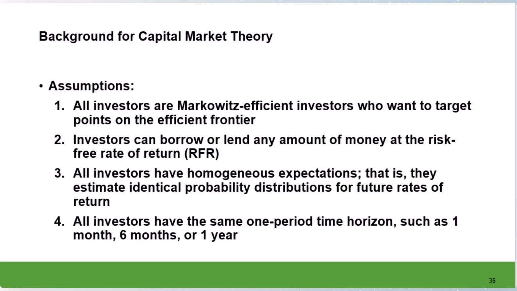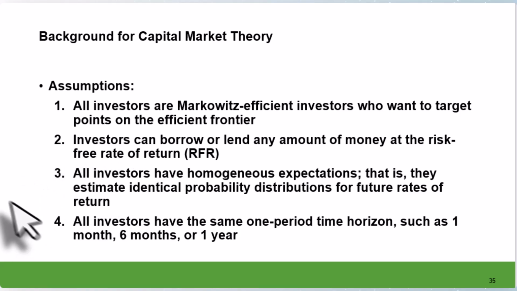It assumes that investors can borrow or lend any amount of money they want at the risk-free rate of return. Investors can lend at the risk-free rate of return because you can buy T-bills. You can buy as much as you want. The challenge, though, is individuals and companies cannot borrow at the risk-free rate.